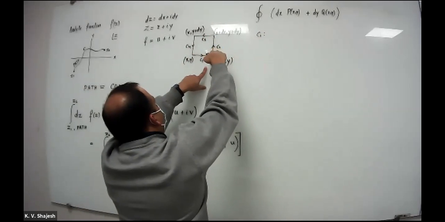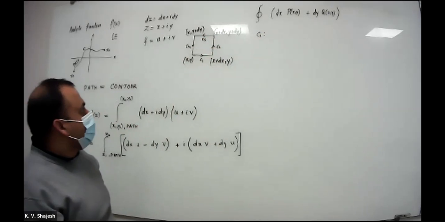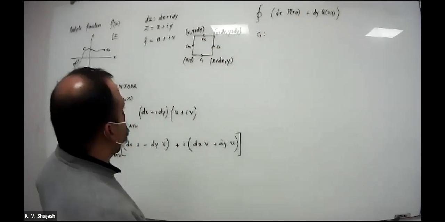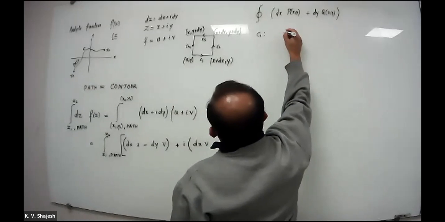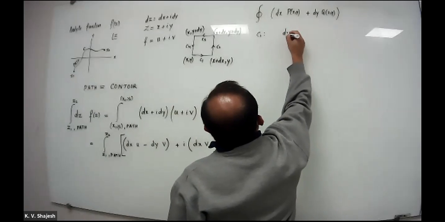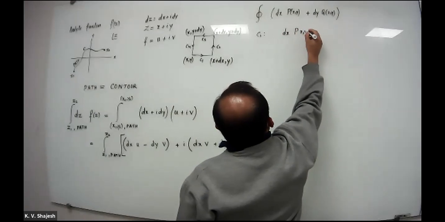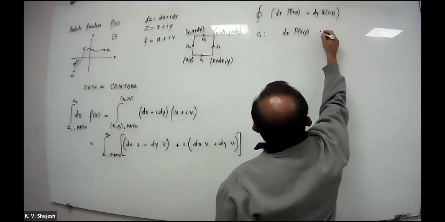I can evaluate it at this point or the other point, because we are taking only the leading order. This is calculus, it's not actually an approximation. In the limit, it perfectly works out. So this is equal to dx times e of xy. And dy is 0, so I don't have to worry.